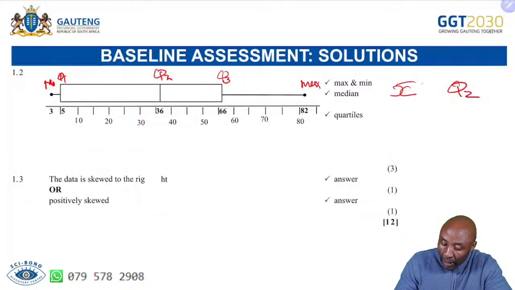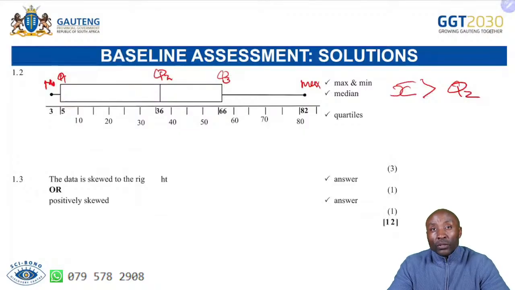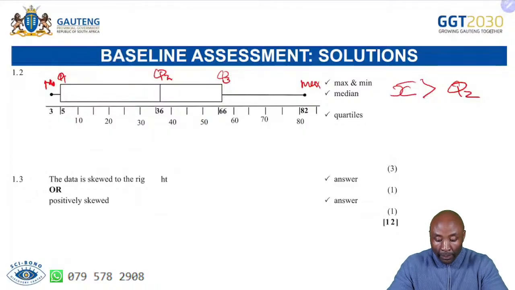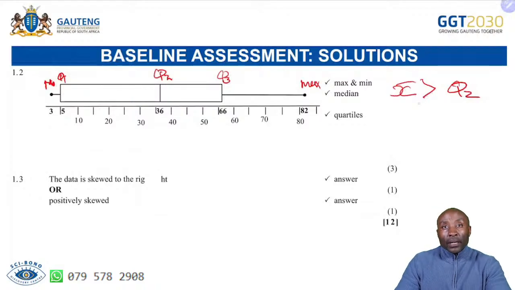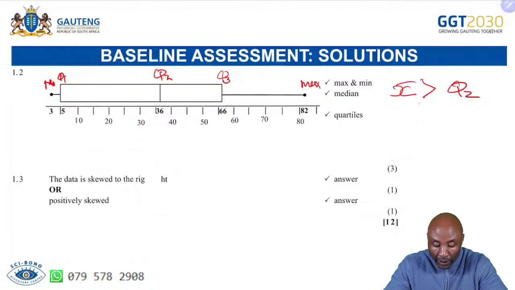If you check, our mean is greater than our median, therefore it's skewed to the right. Or if you say 38.07 minus 36, we get a positive 2. Hence, we say our data is positively skewed. Remember, that's how we determine skewness. We are comparing the mean to the median. Hence, we get it as positively skewed.